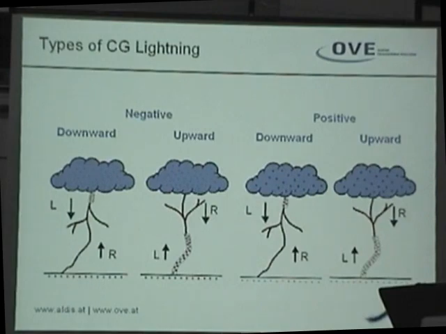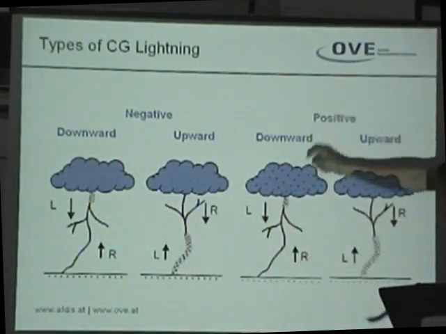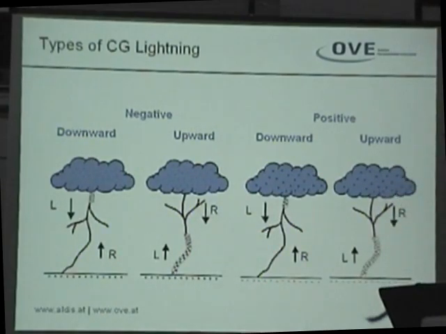And then there is the possibility to have negative downward flashes, negative upward flashes, positive downward flashes, and positive upward flashes. In general, 90% of the flashes we see are negative downward flashes, 10% positive downward flashes, and upward flashes only happen on elevated towers, on very sharp objects.